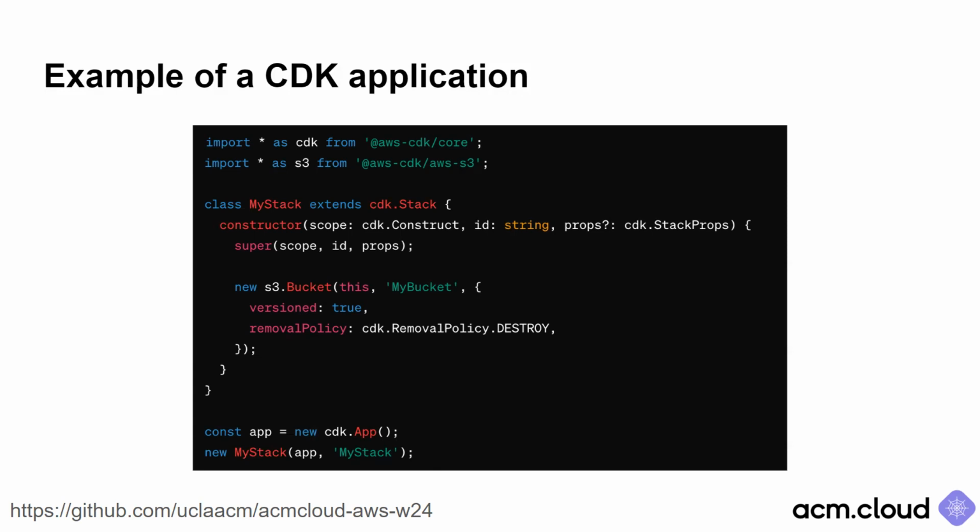Then they're defining a class that's extending upon the stack. Again, a stack is just a full self-sufficient part of an application. Here, they're creating a new S3 bucket. And at the bottom, they are creating a new CDK app, and then creating their stack once the app has been initialized.